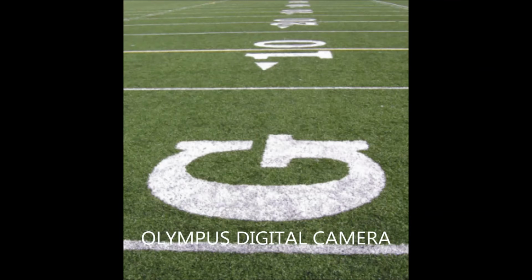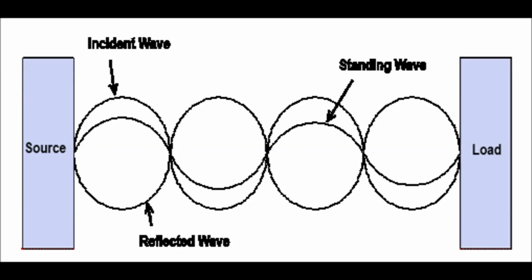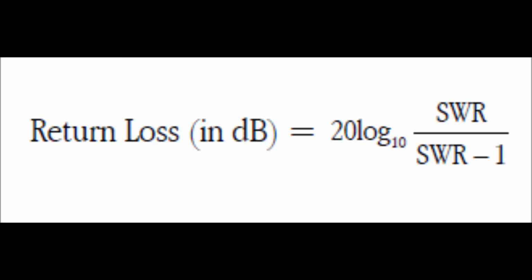Since this reflected wave is traveling in the opposite direction to the incident wave, some points are created inside the transmitting cable, and at these points the two waves will be in phase with each other. The ratio of the voltage at these two points is known as SWR, or sometimes VSWR, which is the short form for voltage standing wave ratio. The relation between SWR and return loss is given by the formula shown in the figure.